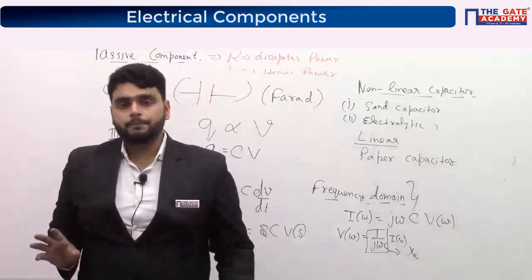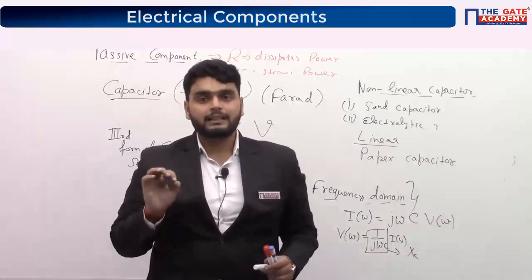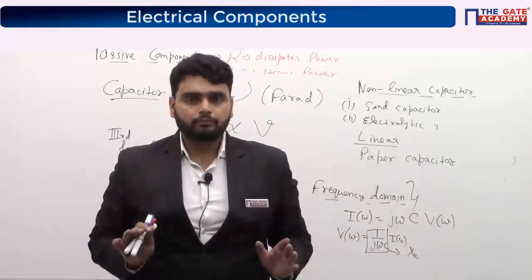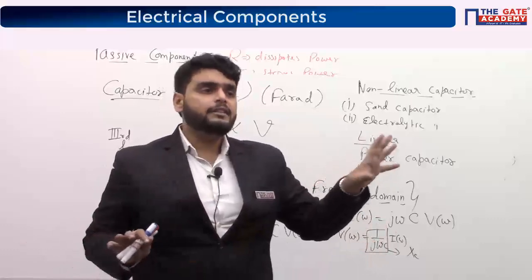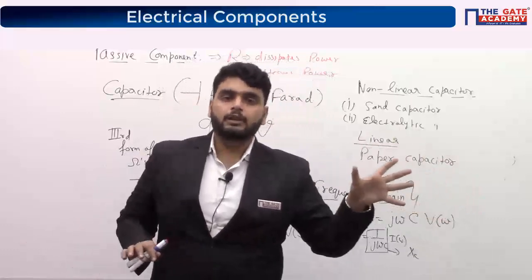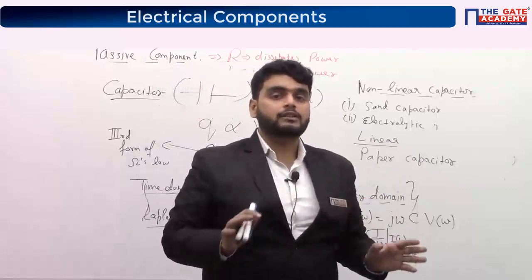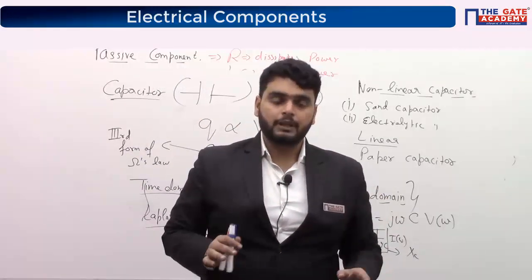So always remember, in case of DC, we always use the time domain, no any other domain. If you have a DC circuit, use the time domain. For AC, we will use the frequency domain, always. Why? See here.